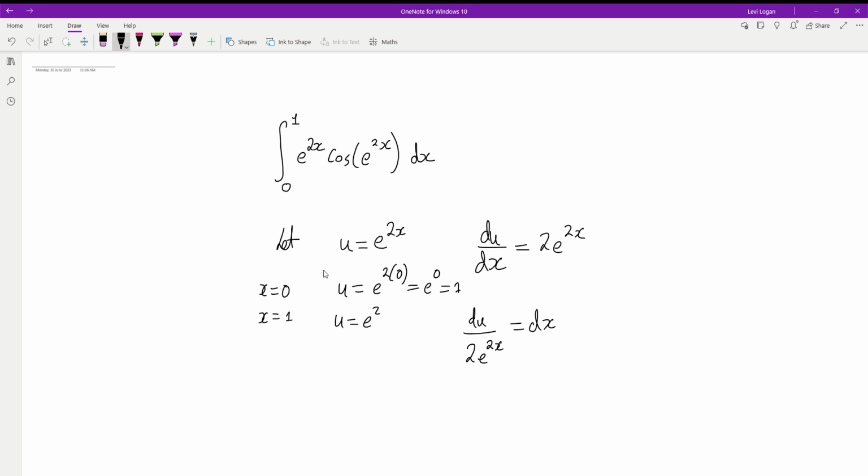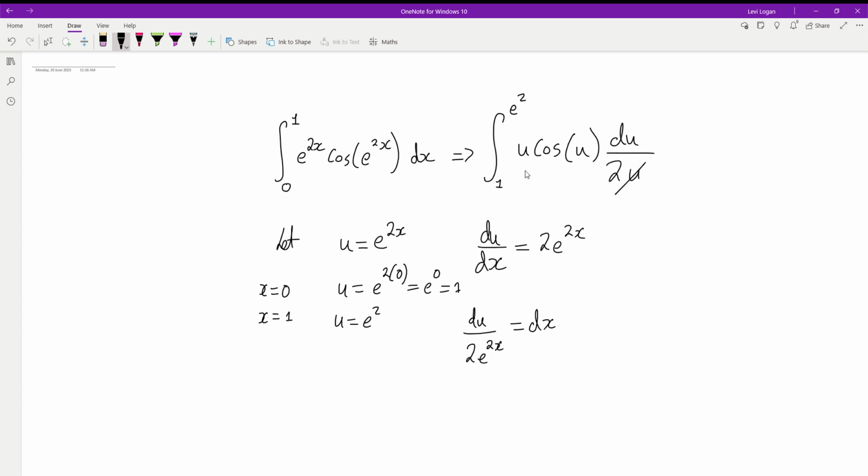Now you're probably thinking, alright, what about this bit here? Well, if you notice, that's actually u as well. So what we can do is rewrite this entire thing as, alright, this is the integral, and our new bounds are from 1 to e squared, and this can be replaced with u, cos of u, du, and what was on du? 2, and we notice that this also is u.